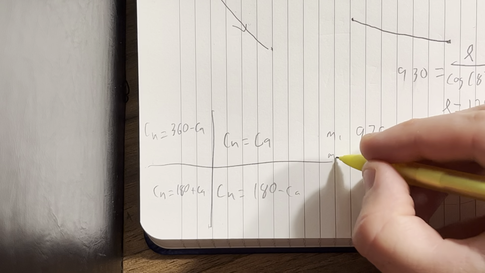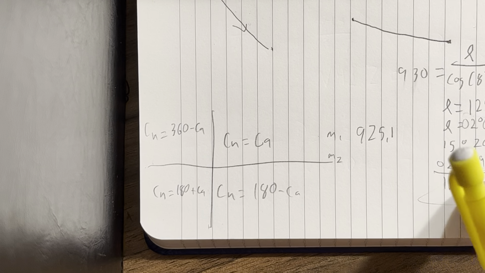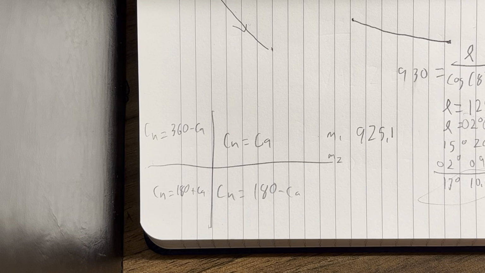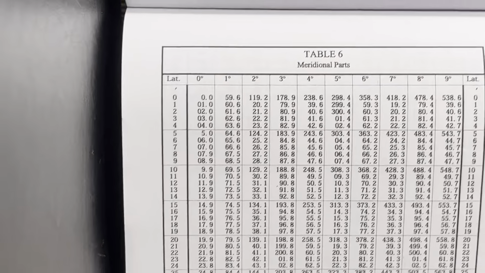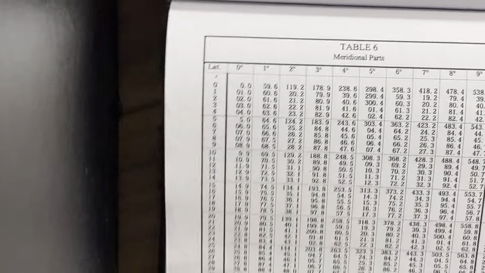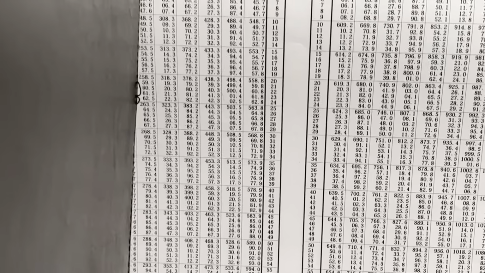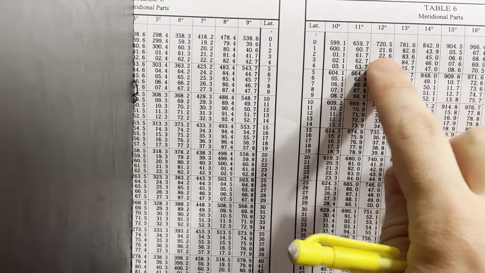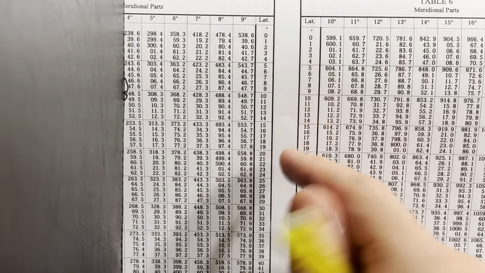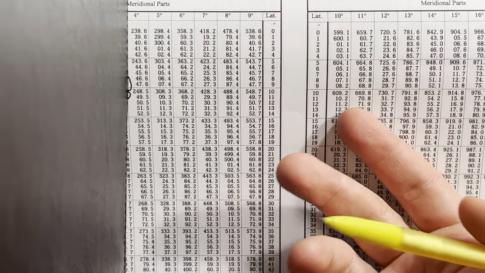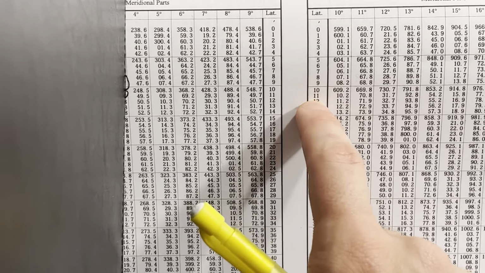for M1, and then for M2 we're looking for 13 degrees 10.6 minutes. Now that's a good point. I haven't talked about that yet, but here's 13 degrees. Here's 10. There is no 10.6. This is only accurate to 1 minute.